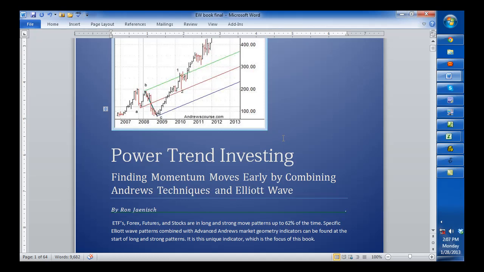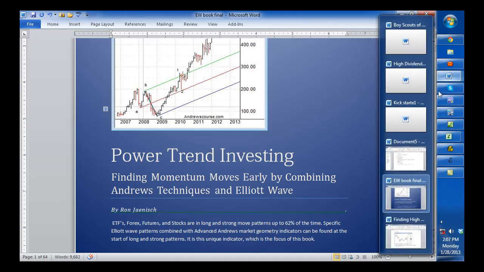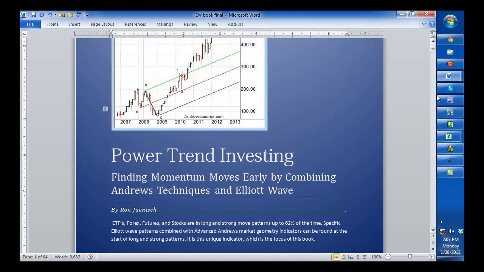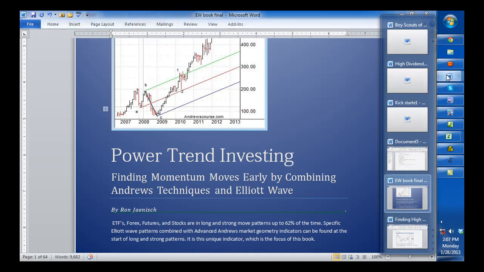Now, there's a lot of things you can do with combining Andrews and Elliott wave, but if we start you out with these powerful moves, and if you can get that up and running, you'll probably want to take the course. That's the whole idea of getting you to see the 45-minute video.